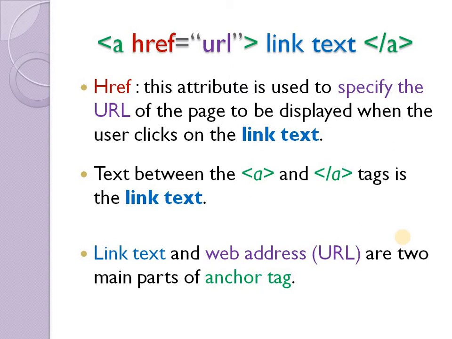Okay, href, let us discuss. This attribute is used to specify the URL, meaning the address or the link where we wish to redirect our viewers, the page to be displayed when the user clicks on the link text. And what is link text? The text between the starting anchor tag and the ending anchor tag is known as the link text.